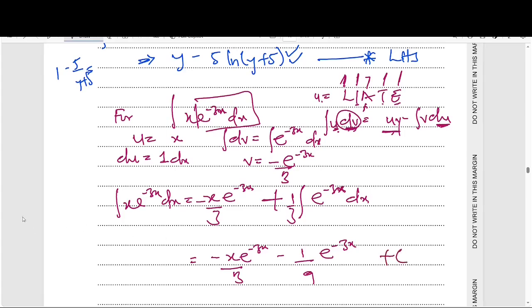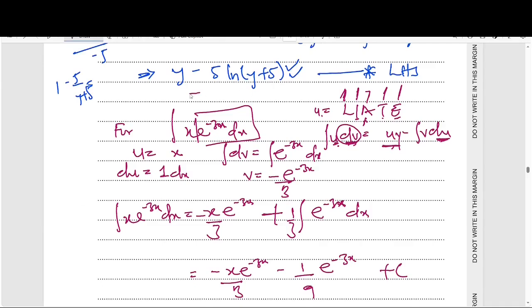So we are done with the right hand side. We had this. We are done with the left hand side. We had this. So we're just going to write them side by side, the left hand side to the left, right hand side to the right, and then we are done with our integral. So on the left hand side we have y minus 5 ln of y plus 5.